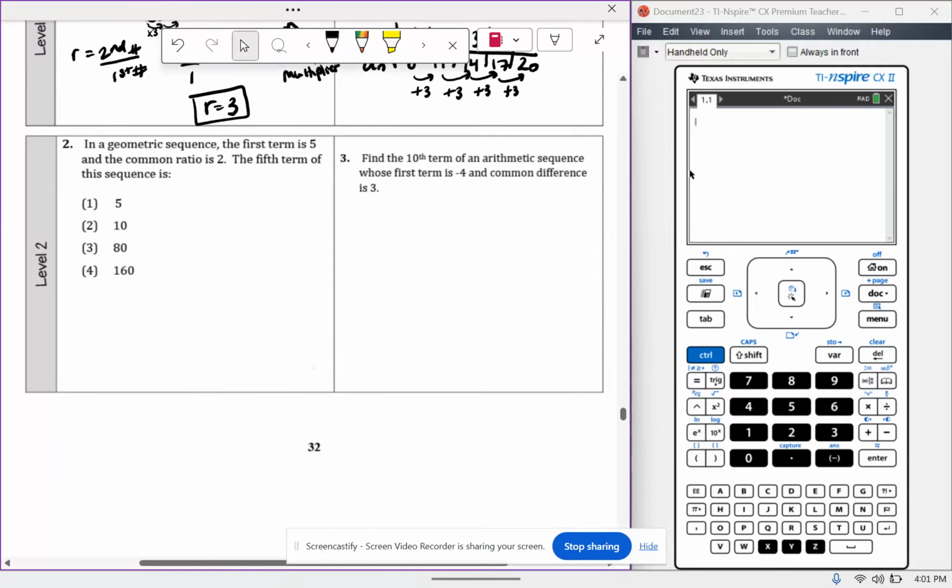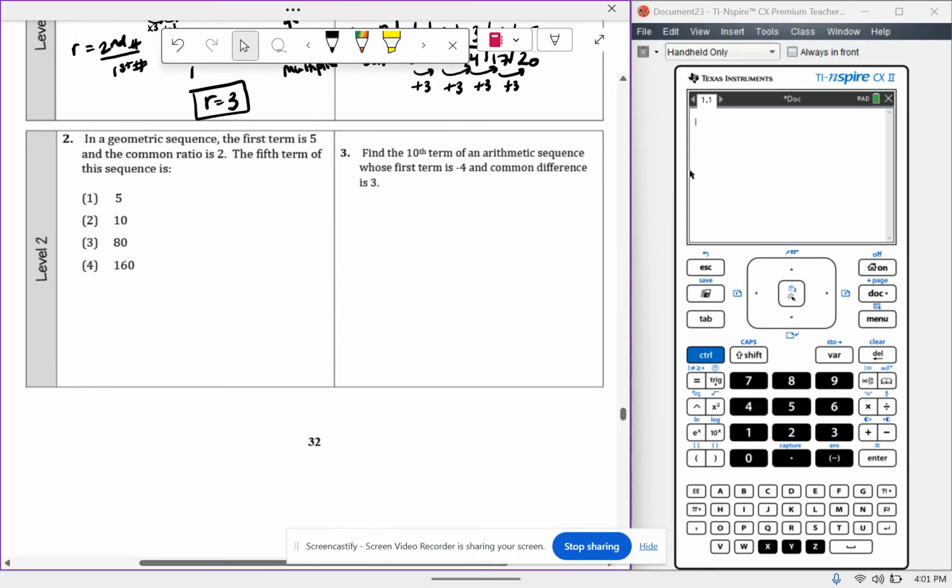All right, cool. Question 2. In a geometric sequence, so again, geometric, the first term is 5, so A sub 1 is 5, and the common ratio is 2. R is 2. The fifth term of the sequence is, well, I'm going to use the formula.